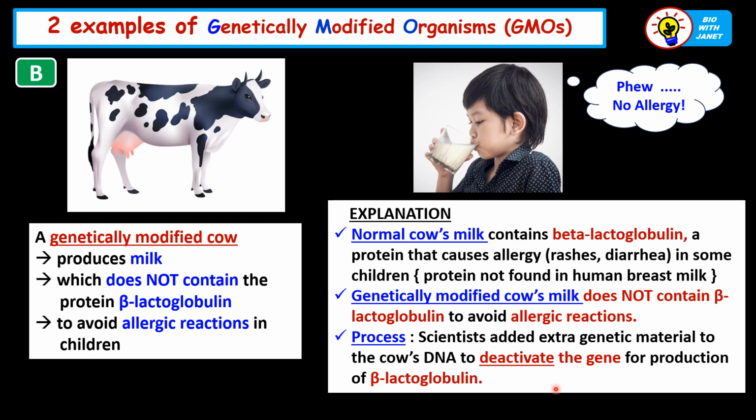How this technique is used is something different and new that we do not need to study. Just know that the genetically modified cow can produce milk that does not contain beta-lactoglobulin in order to avoid allergic reactions in children.